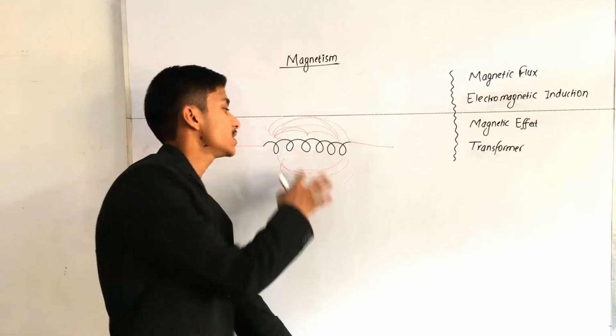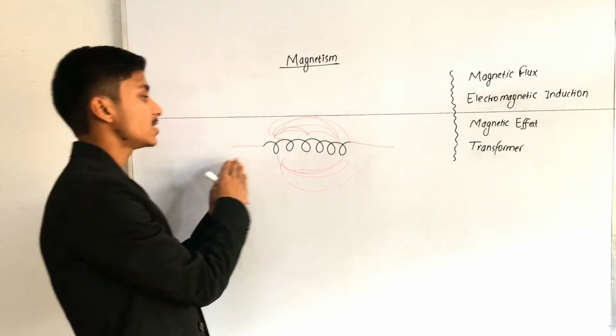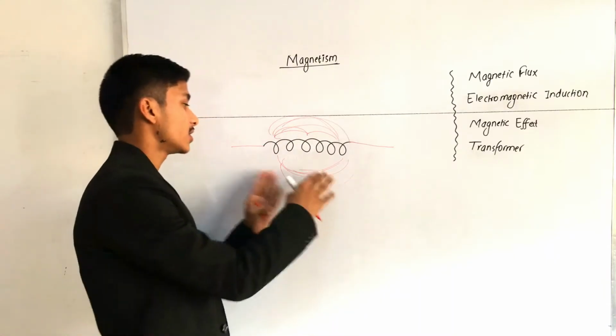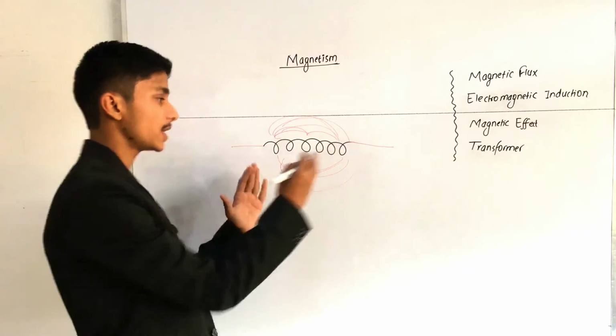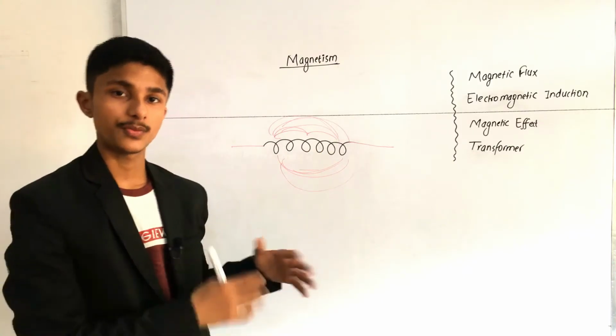Here, this is a conductor, and when electricity is passed in this conductor, then a magnetic field is generated around it. This effect is called magnetic effect.